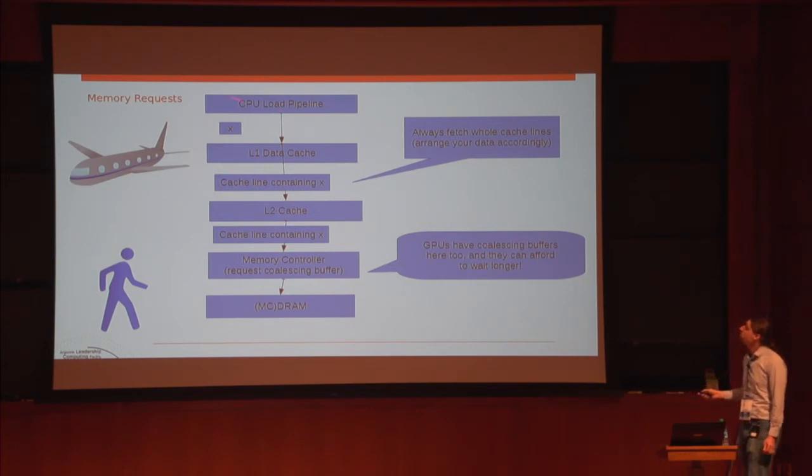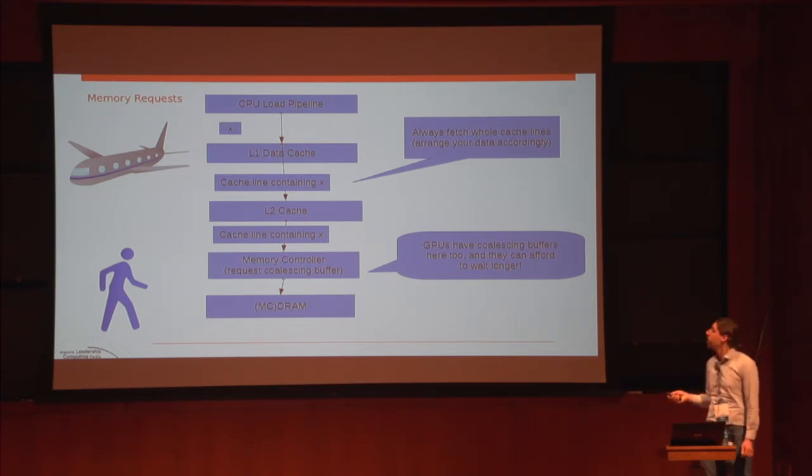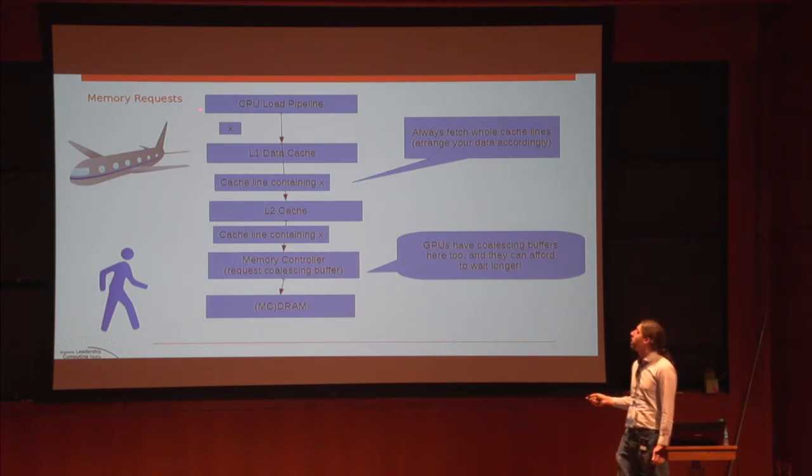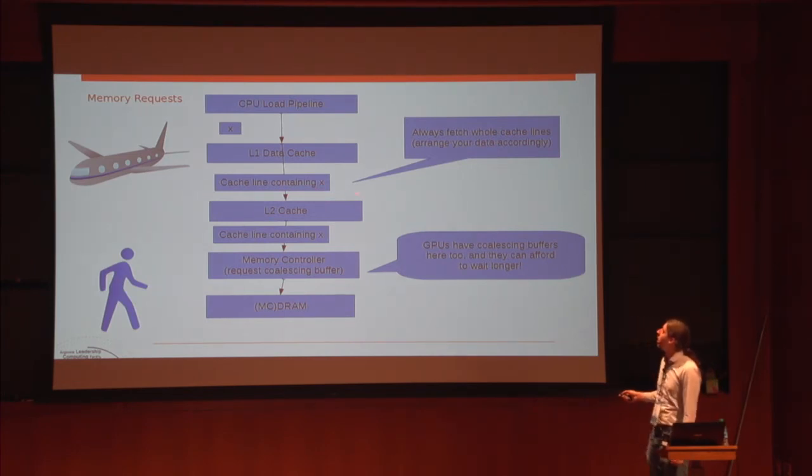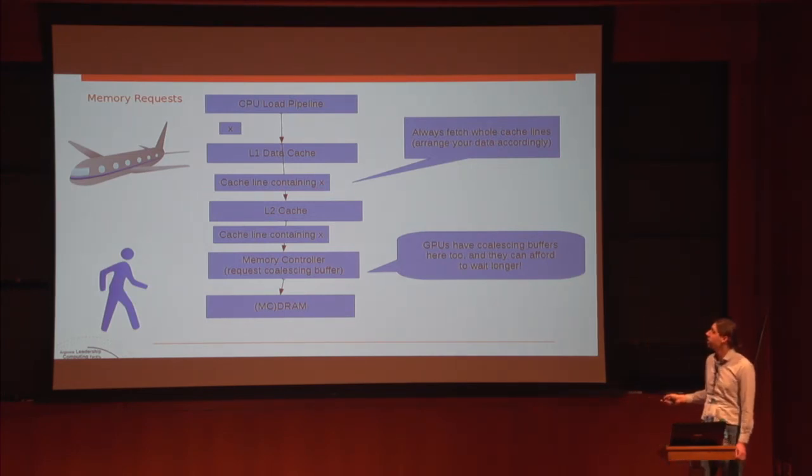When you issue a load from the CPU, that request goes to the L1 cache. If the data is in the L1 cache, then you're good. If it's not, then it will request the entire cache line containing that data from the L2 cache. If it's in the L2 cache, then it sends the data back.